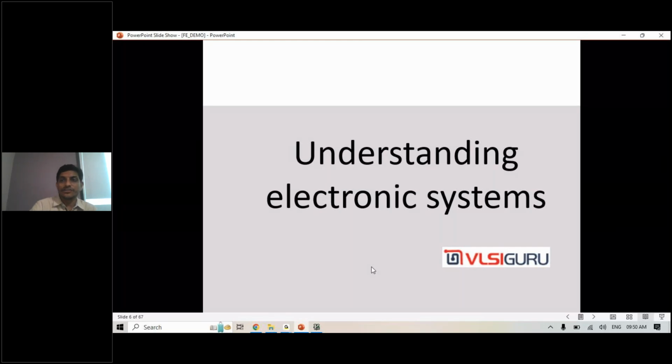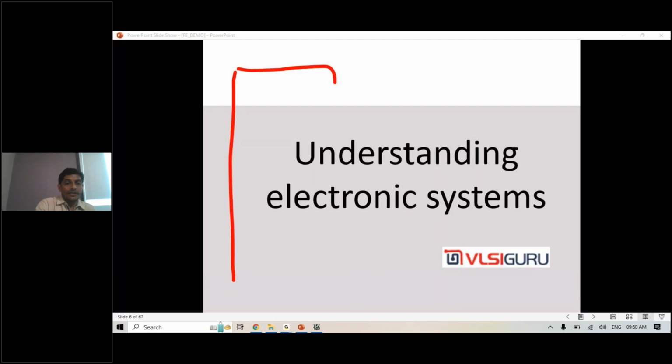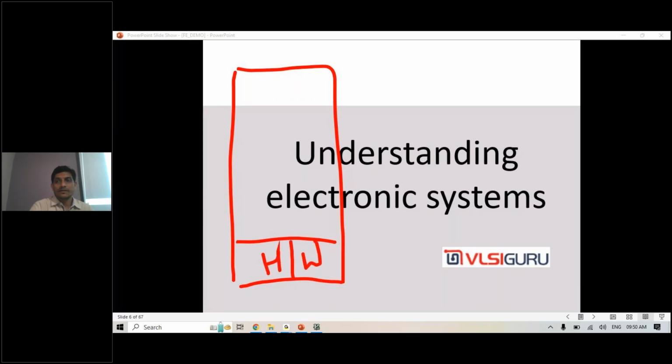So we can essentially think of an electronic system to have four layers. The first layer is the hardware, the one you see. Above hardware, you have embedded systems, the firmware, drivers.